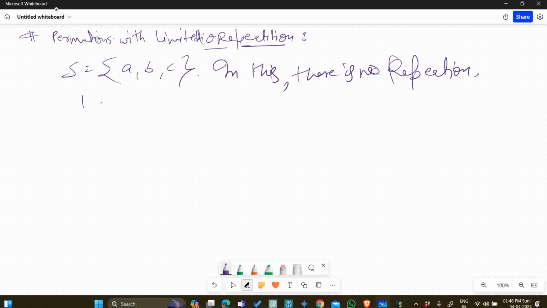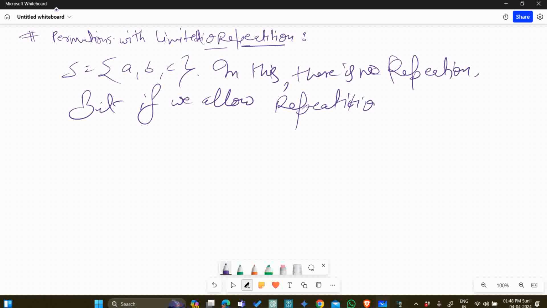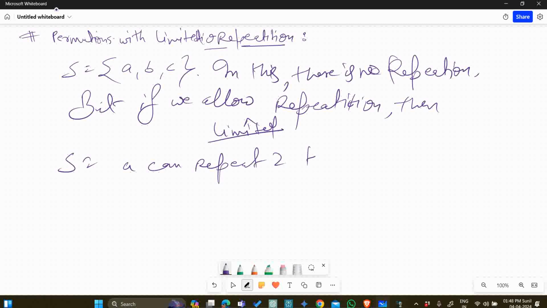But if we allow limited repetition, we can say from the set, A can repeat two times only, B can repeat three times, and C can repeat only one time.